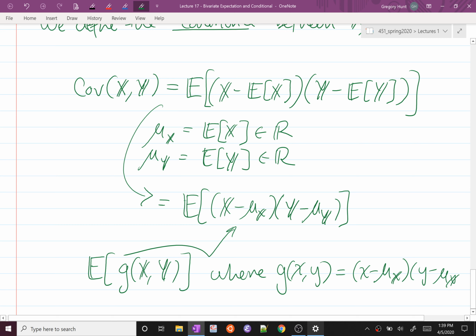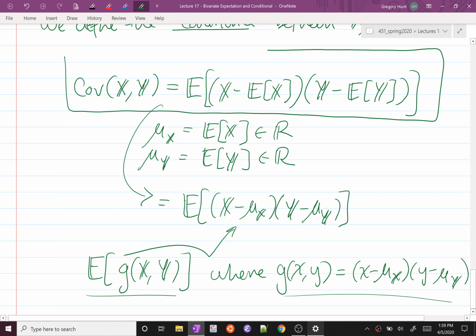So this is E of a two-variable function of my random variables, and that function is equivalent to my definition. So this is the definition.